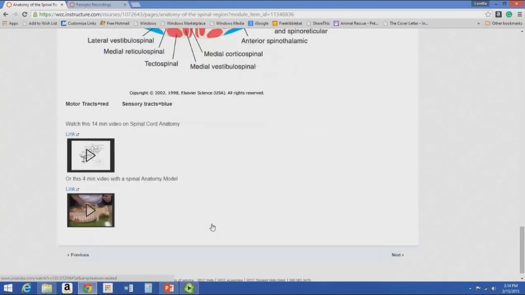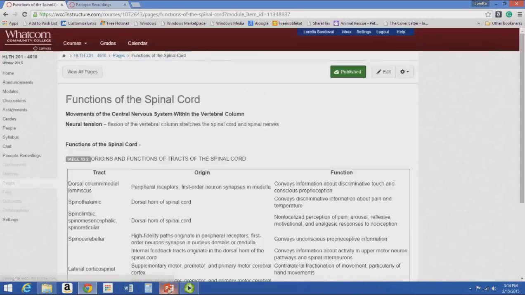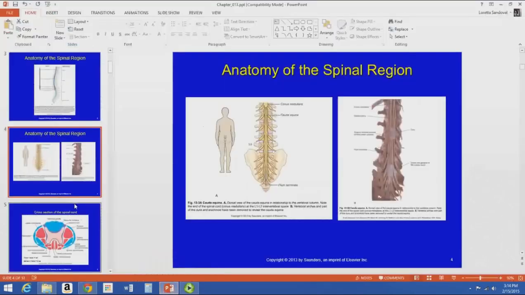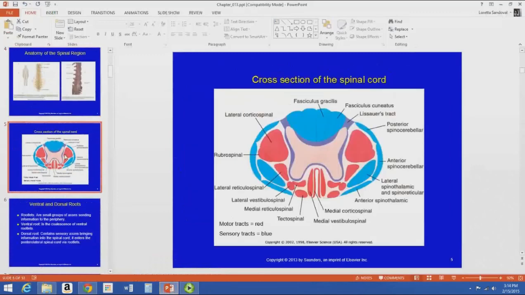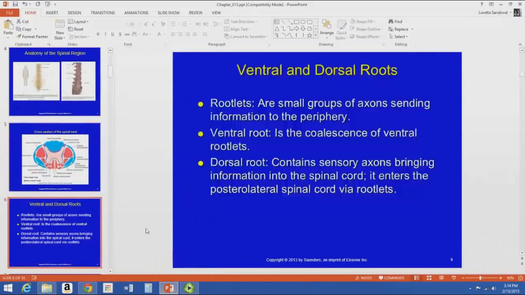There are some videos, if you'd like to watch them, on spinal cord anatomy. They're certainly optional, but sometimes having a little video can be really helpful. Same diagrams are in the PowerPoint, talking about the ventral and dorsal roots.